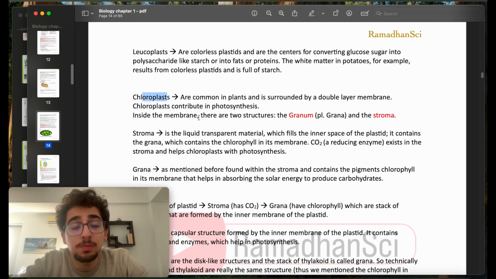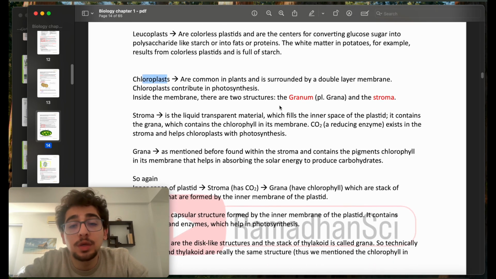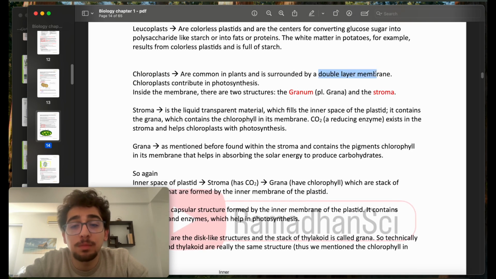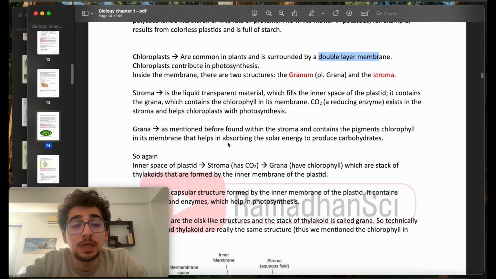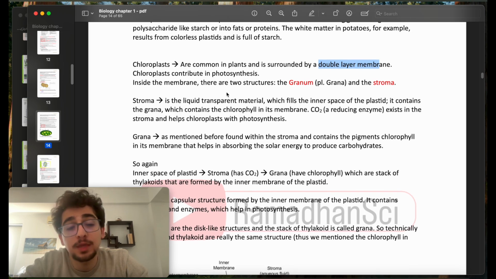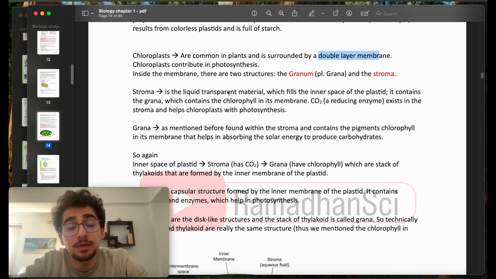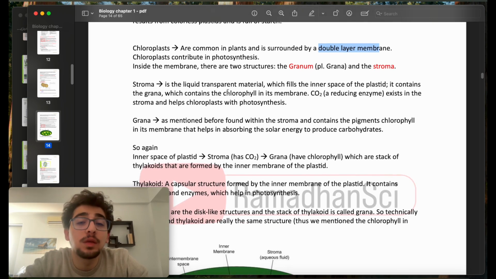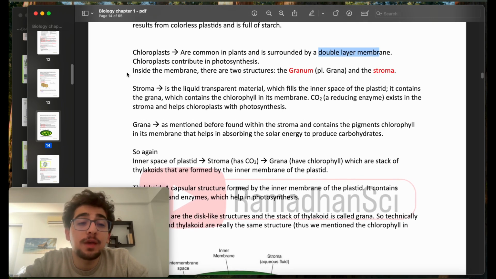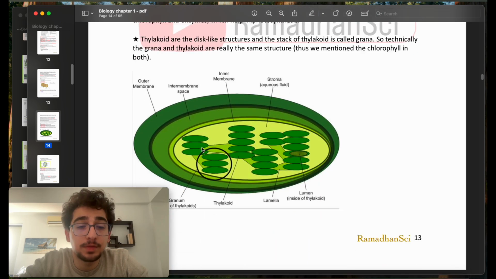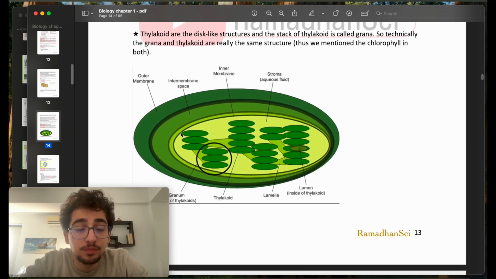And finally, the chloroplast. It is surrounded by a double membrane, and the chloroplast is the plastid that contributes to photosynthesis. Here we have our structure.